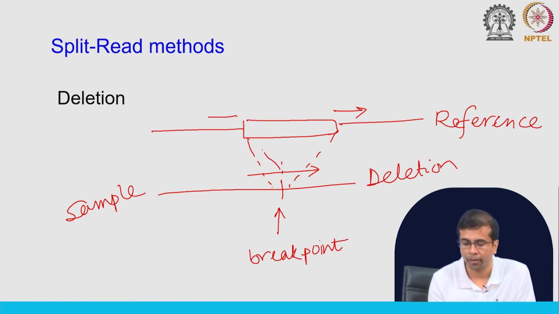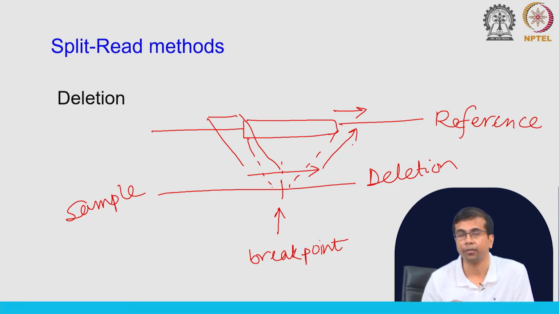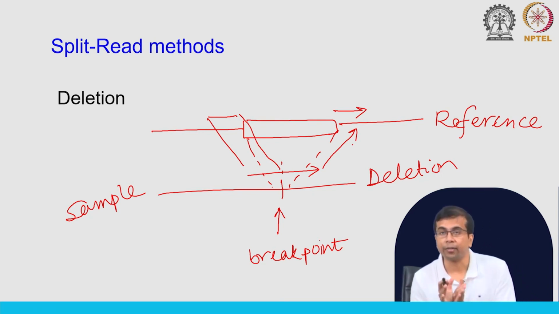One part will map to this location and the other part will map to this location. So, this kind of mapping difference will arise, and based on these differences you can identify that there is probably an SV breakpoint here. This will indicate that there is a structural variant present in the sample.